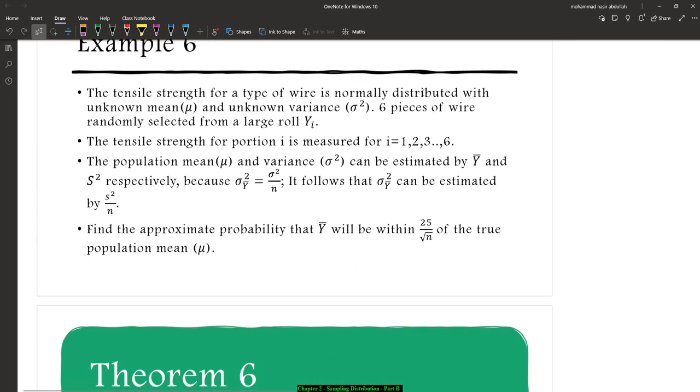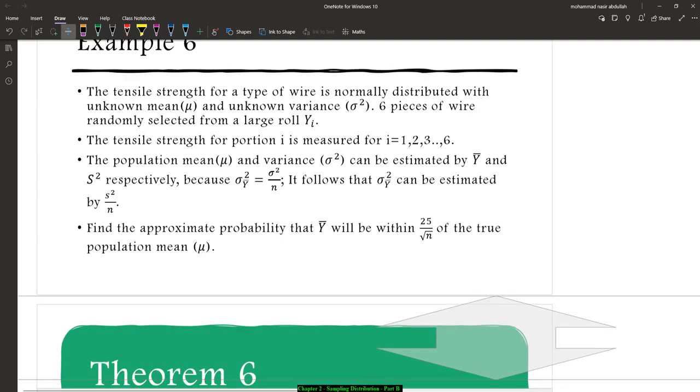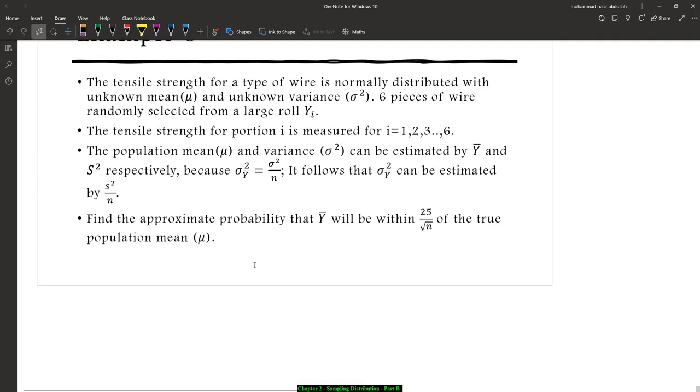Now let's look at example number 6. Tensile strength for a type of wire is normally distributed with unknown mean.